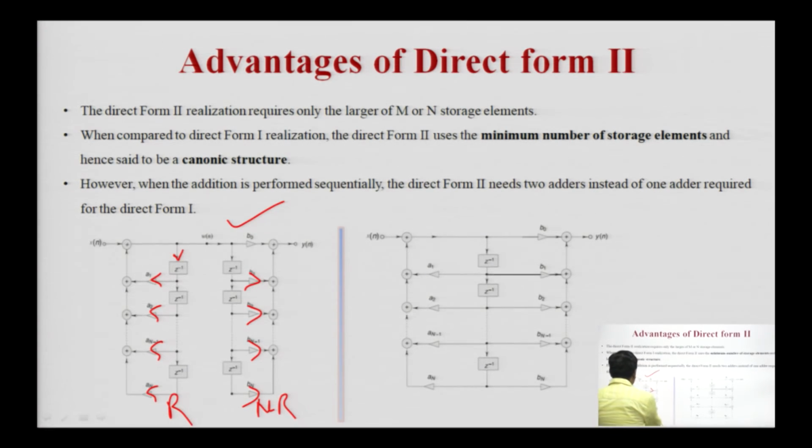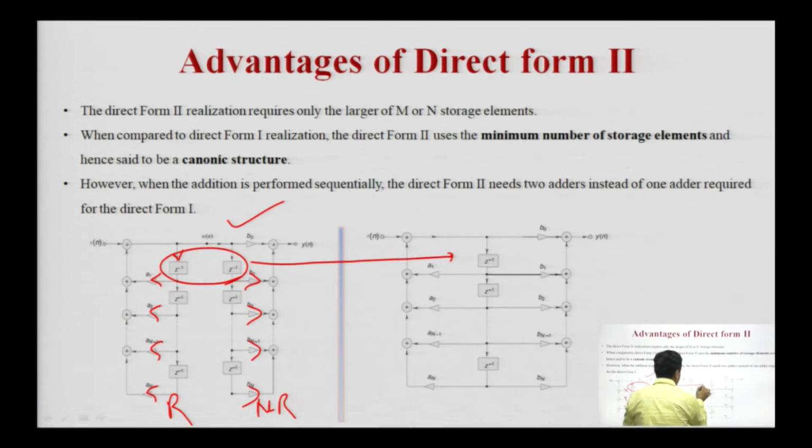but here these two delay elements, यहाँ पे possible है कि हम जिन दो delay elements को एक कर दें तो हमारे input output में कोई फर्क नहीं पड़ेगा. If we combine these two delay elements into single one like this, so your output will not be disturbed.